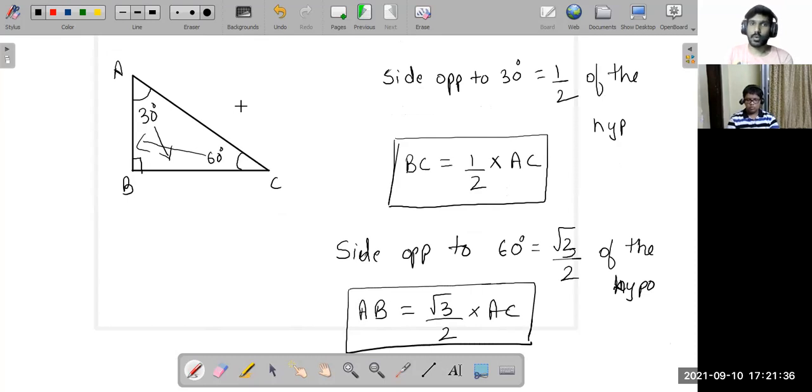That means, suppose the length of the hypotenuse is 6, then the side opposite to 30 degrees, that is BC, will be half of your hypotenuse, which is 6. Half of 6 is 3. That means BC is 3.